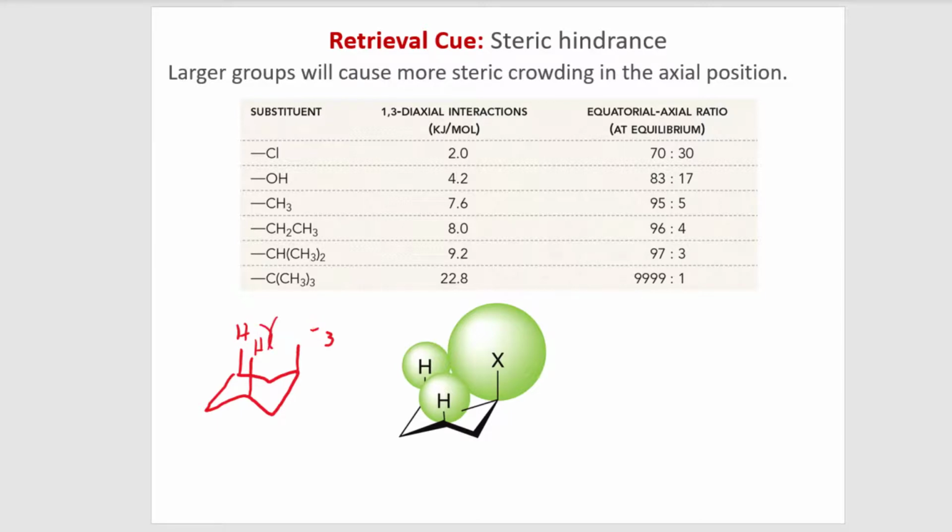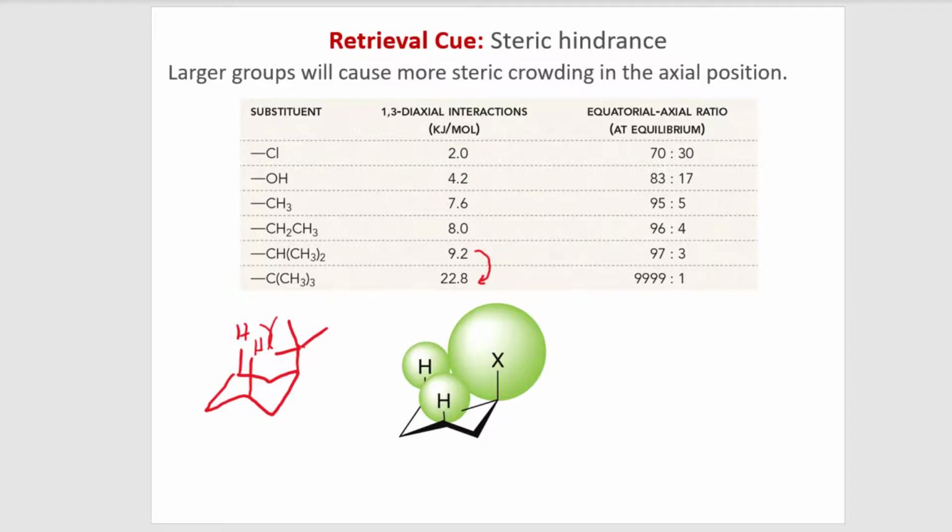But what if I made the ethyl into an isopropyl group? What if I made the isopropyl group into a t-butyl group? Oh my God, that's a huge group. That is not good. Look at the jump it makes from isopropyl to t-butyl. That is a huge jump in kilojoules per mole.